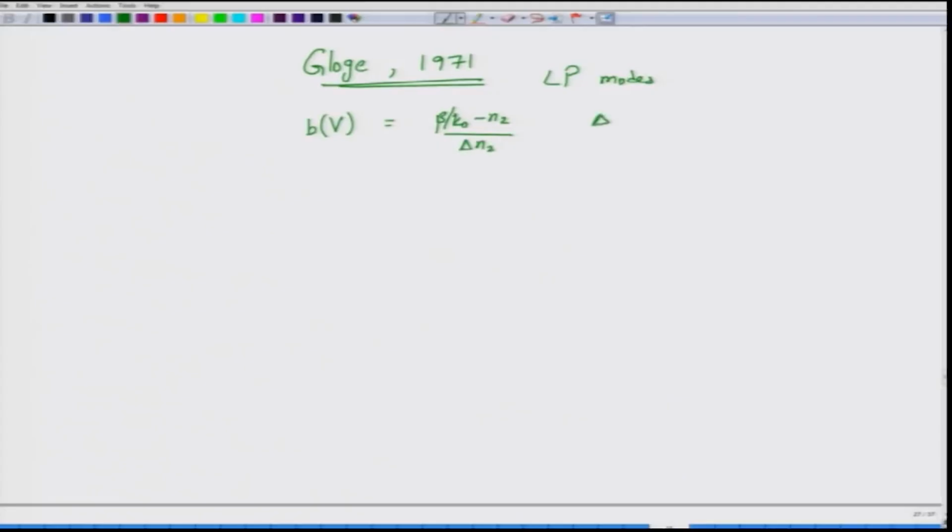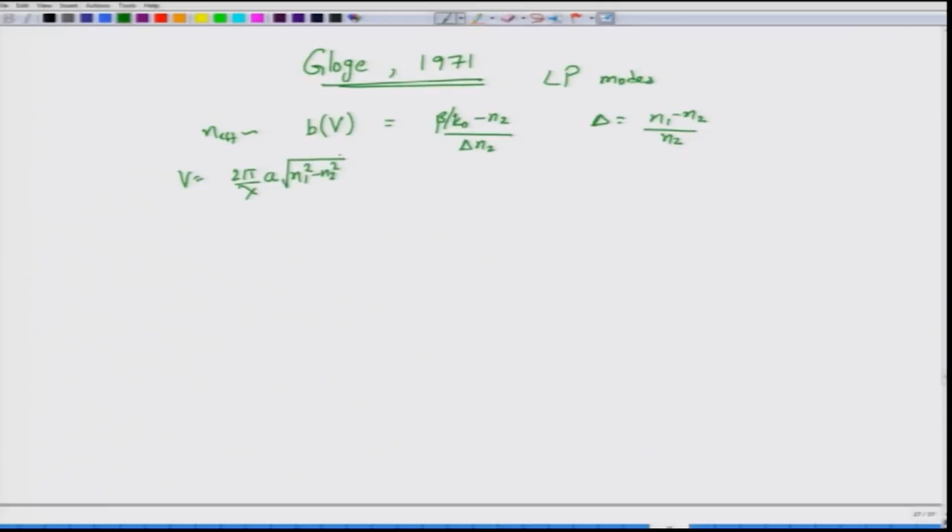Okay, where delta is being redefined in this paper as n1 minus n2 by n2, where n1 is the maximum core refractive index, n2 is the cladding refractive index, and the difference n1 minus n2 is normalized with respect to n2. This b is the effective index related parameter, and V, of course, you already know is the normalized frequency, 2 pi by lambda times a times the square root of n1 squared minus n2 squared.